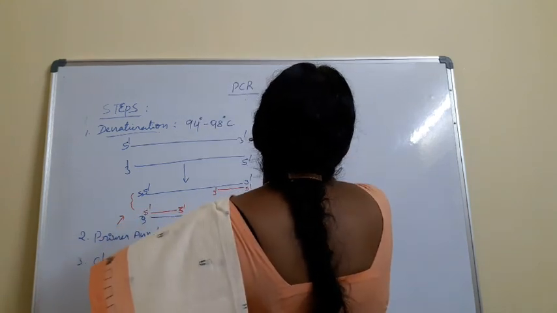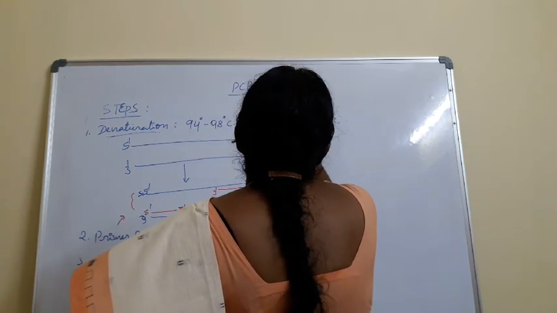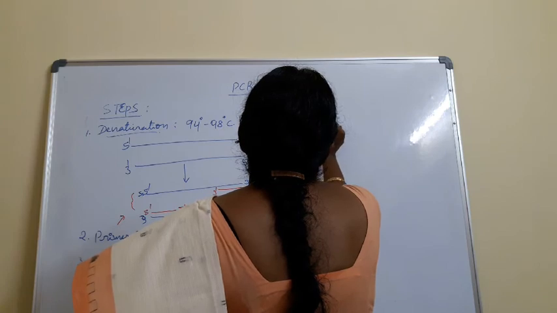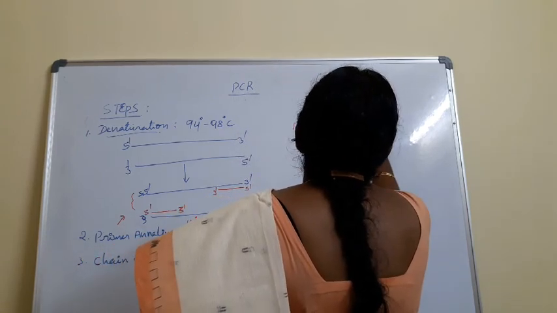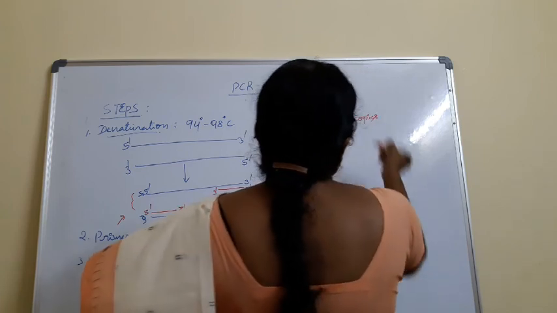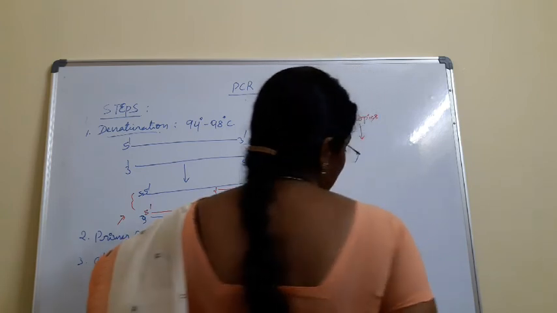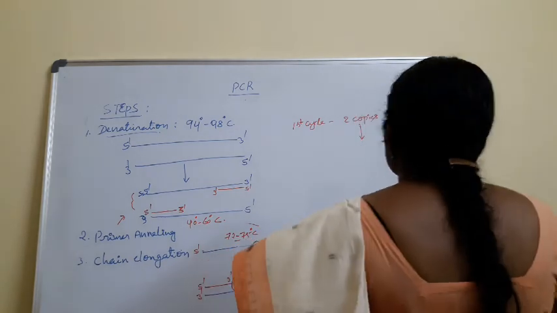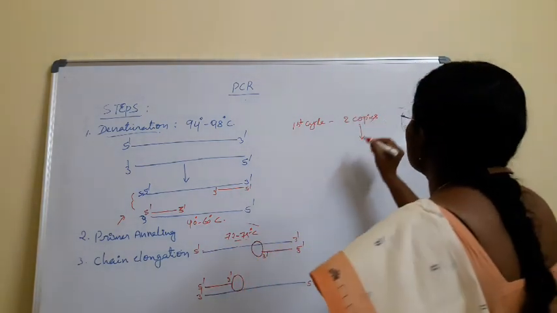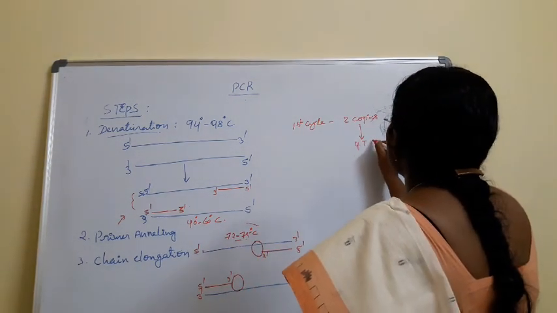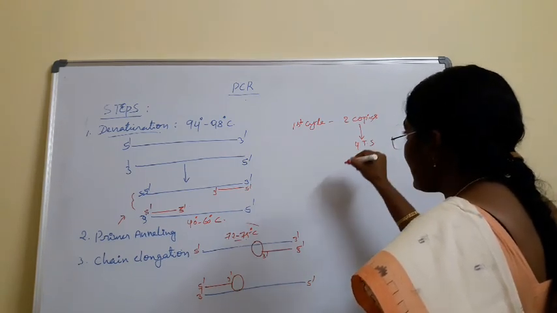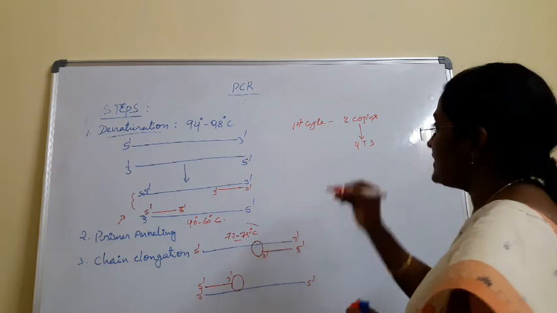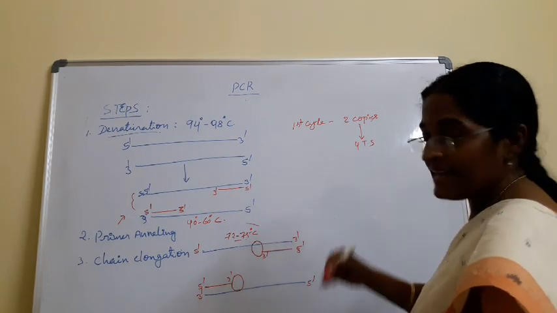At the end of the first cycle, we will get 2 copies. These 2 copies will produce 4 template strands. These 4 strands act as templates for the next cycle.